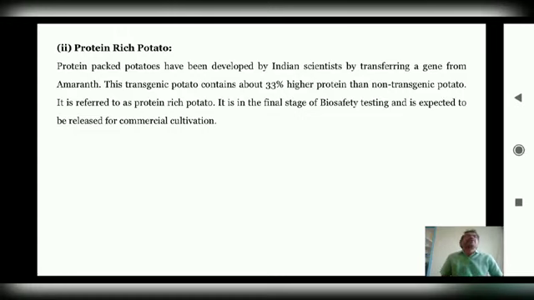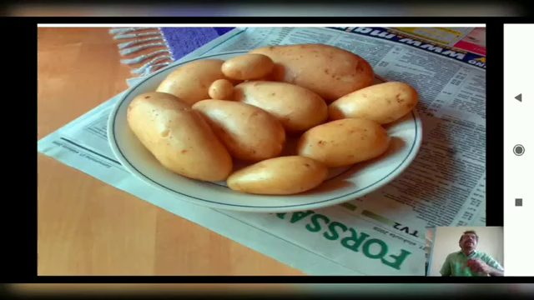This transgenic potato contains about 33% higher protein than the non-transgenic potato. So in that way we can increase the protein content of a crop. So this is also referred to as protein rich potato. You can see the protein rich potato. So the percentage of protein is more here than the normal potato plant.